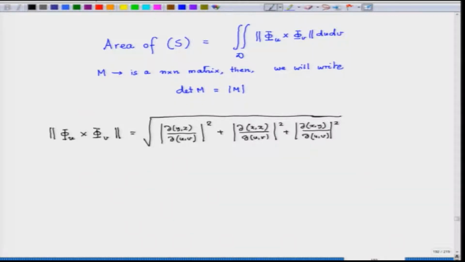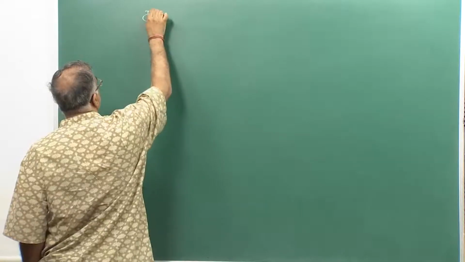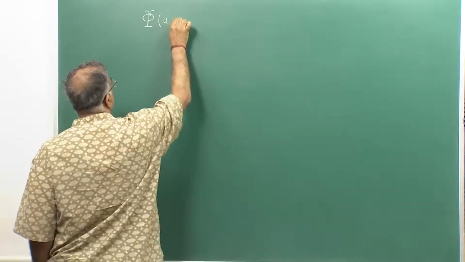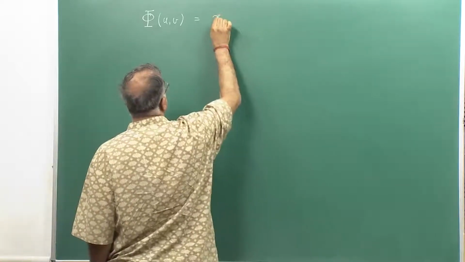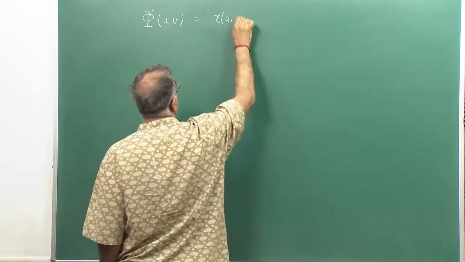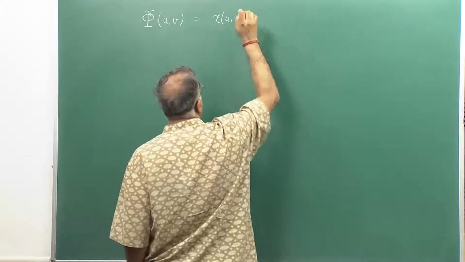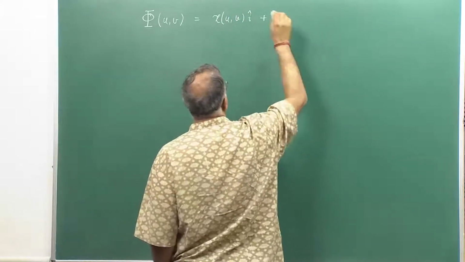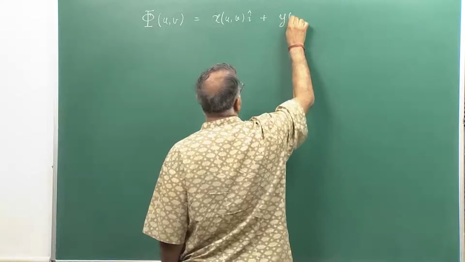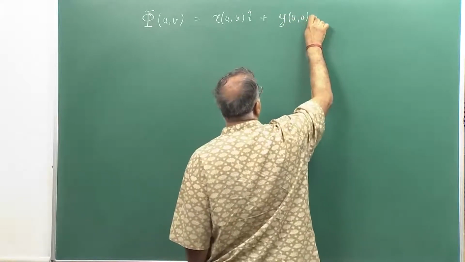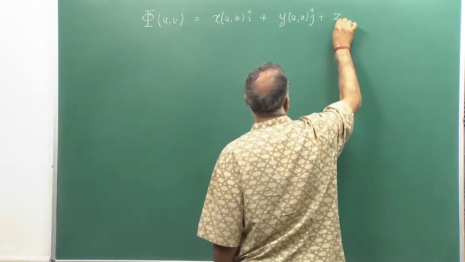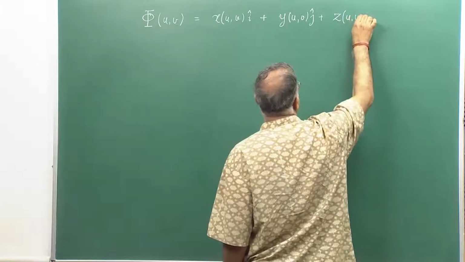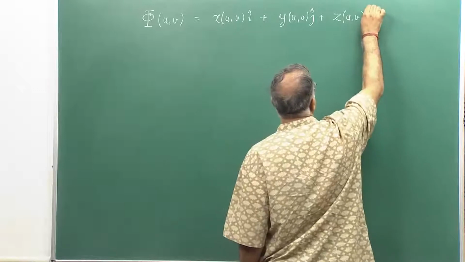So, your phi of u, v is x(u,v) i vector plus y(u,v) j vector plus z(u,v) k vector.